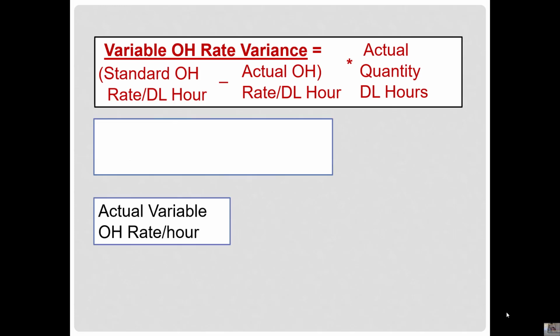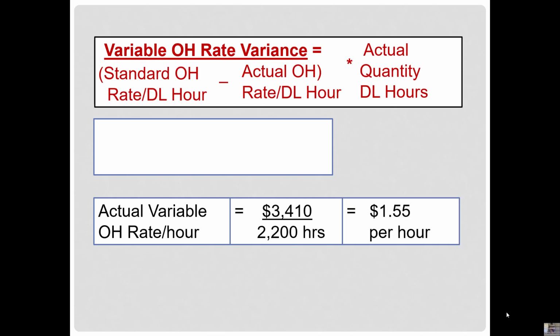We need to calculate our actual variable overhead rate, and if you'll remember, we spent $3,410 during the period on variable overhead, and that was for 2,200 hours. That translates to an average rate of spending of $1.55 per direct labor hour.